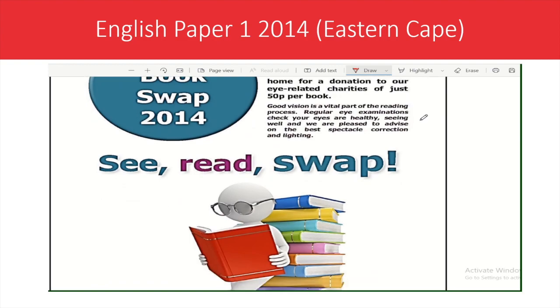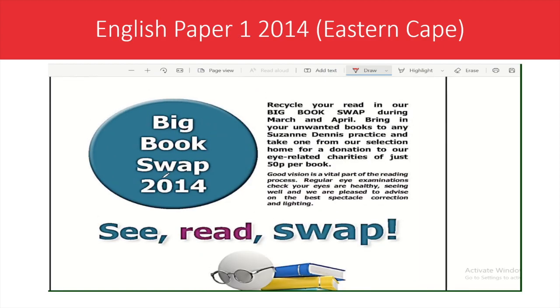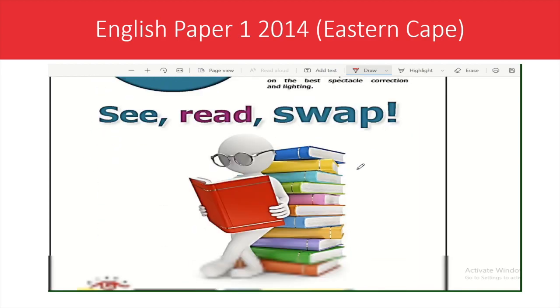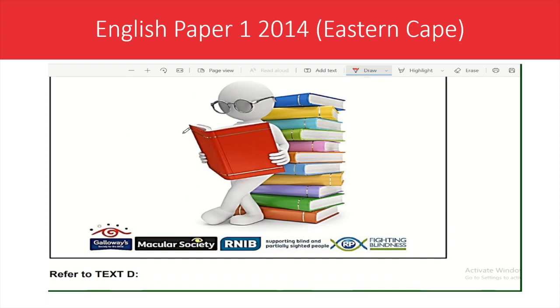Good vision is a vital part of the reading process. Regular eye examinations check your eyes are healthy, seeing well, and we are pleased to advise on the best spectacle correction and lighting. Then we have this Big Book Swap over here, See Read Swap, our little figurine with a tower of books behind him, and then we have the brands, the charities that are involved.